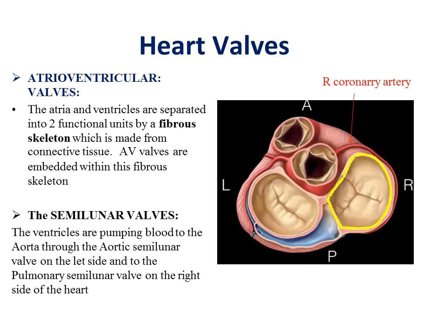The atria and ventricles are separated into two functional units: the atria above, and a little bit lower down, the ventricles.